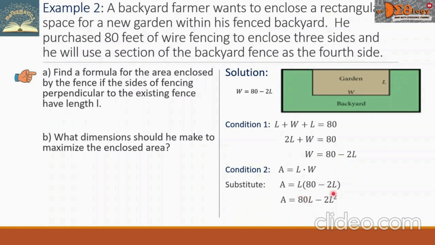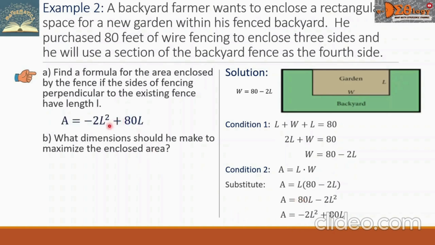L times negative 2L is negative 2L squared. Let us rewrite this equation into standard form of quadratic functions. That means the higher power should come first. So it becomes like this. A equals negative 2L squared plus 80L.